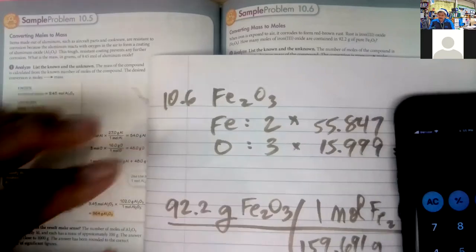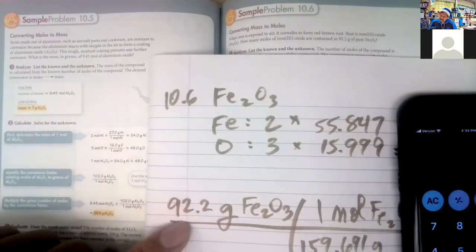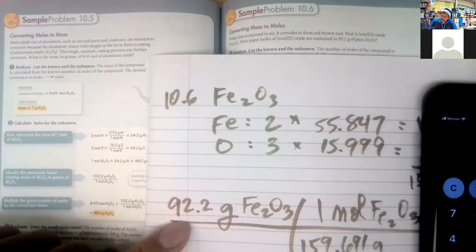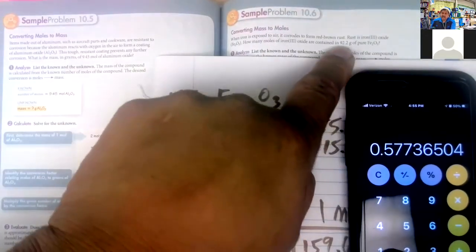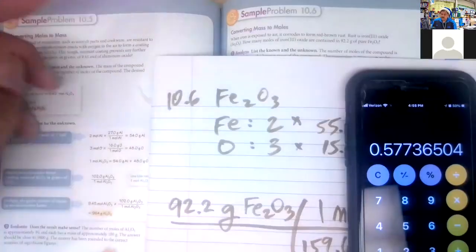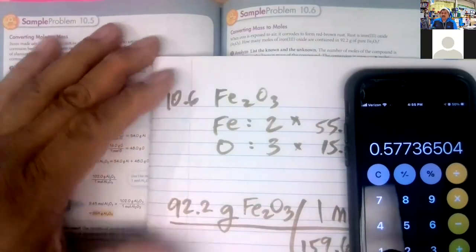It's a very simple calculator. If I had a reciprocal, I could have just pushed that. 92.2 divided by 159.691. Here's what the calculator gives us. And we have 3 significant figures right there, 92.2. So we're just going to say 0.577.